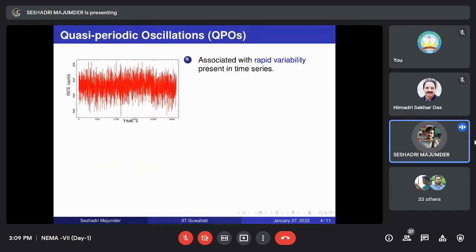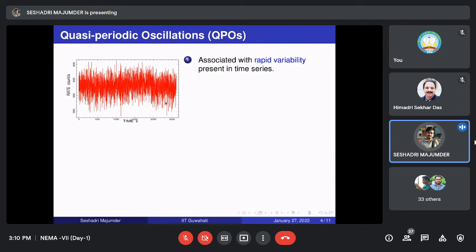Now, the most studied and most interesting phenomenon of black hole X-ray binaries is the quasi-periodic oscillations. This can be associated with the rapid variability present in a given time series. From observation, what we have is the photon count plotted in a given time series.